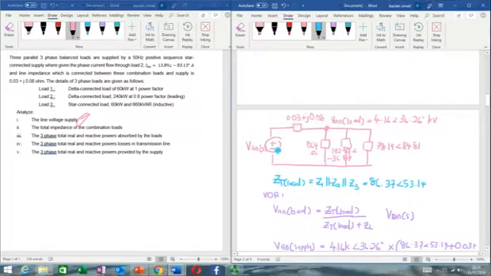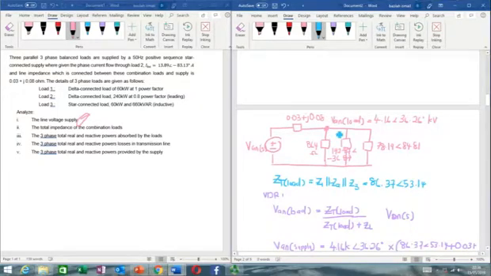So be careful, you cannot use this. This is the supply voltage, meaning the voltage provided by the supply should be the total of the voltage drop plus the voltage at the load.